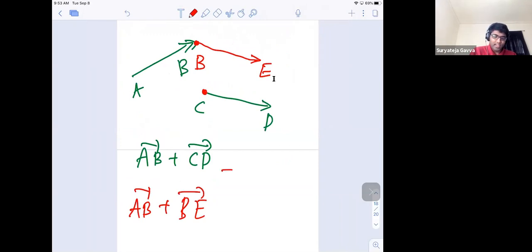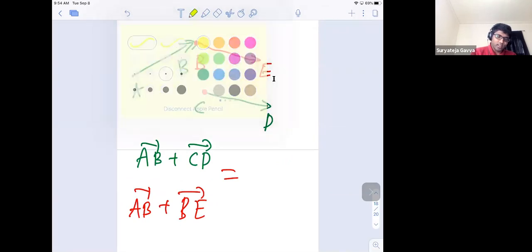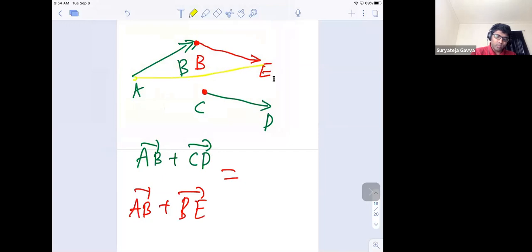So AB plus CD should be equal to AB plus BE. Because CD is the same vector as BE, same direction, same length, I get AB plus CD is nothing but AB plus BE. Now I can add the vectors. Now the addition is nothing but AE.